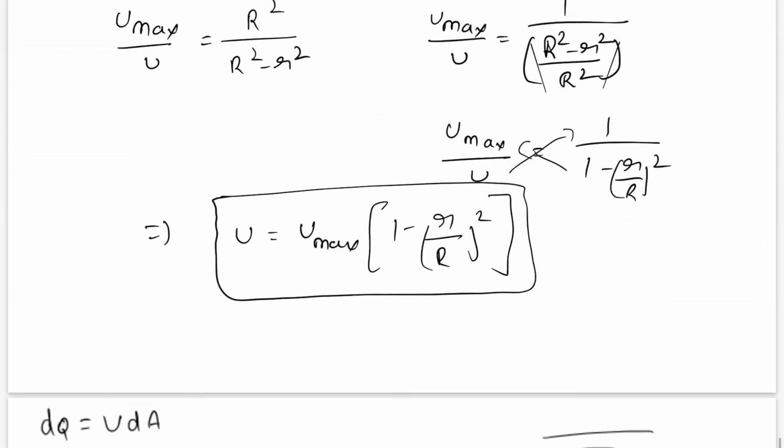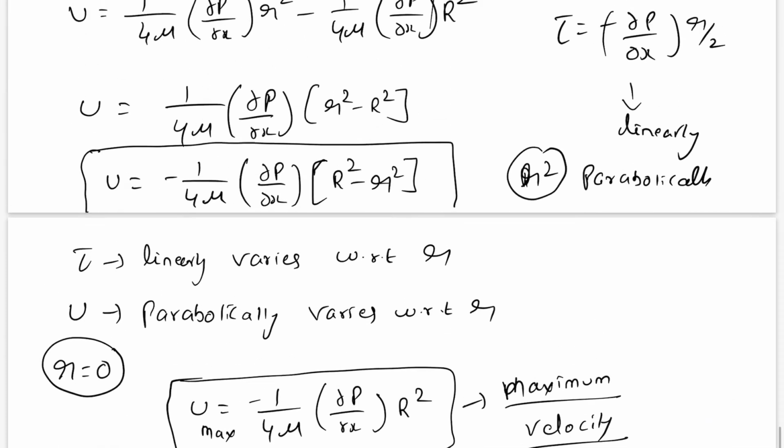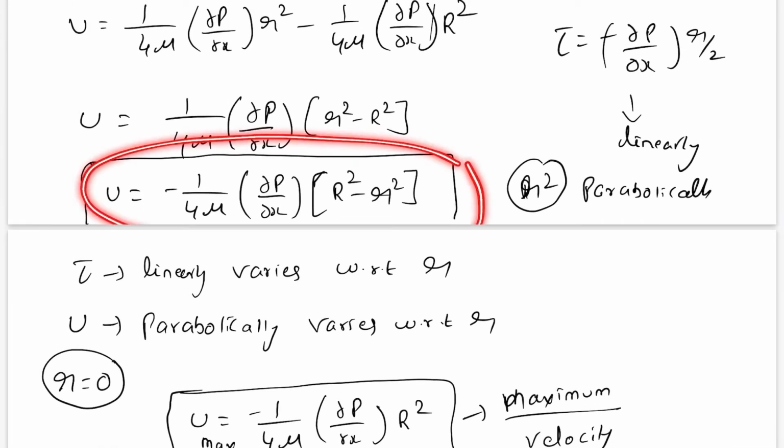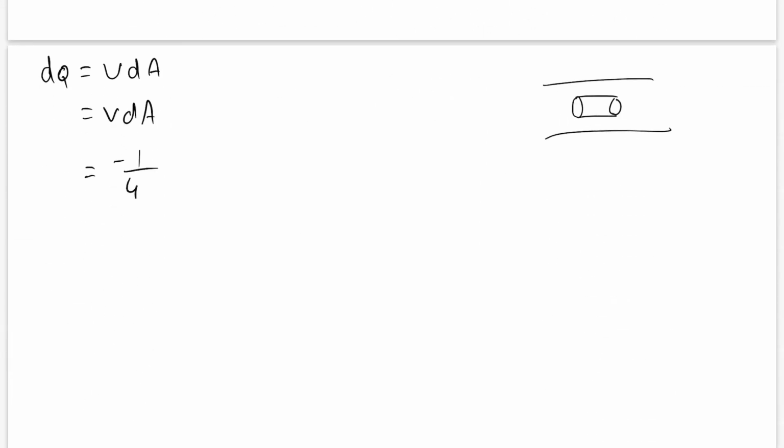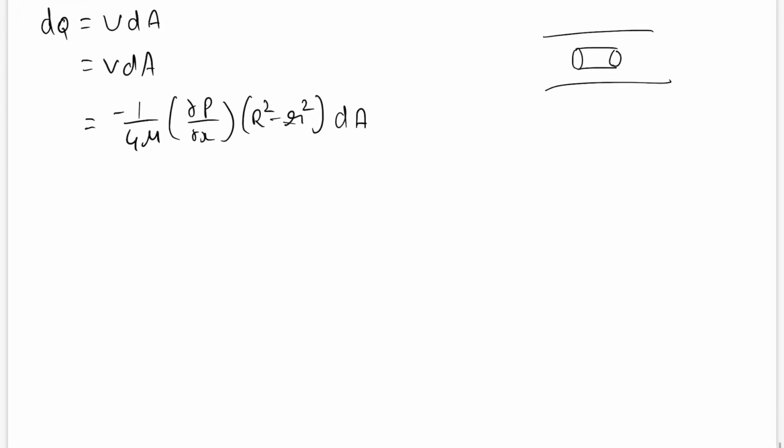What is the formula for v? That is what we have derived here. We'll write that formula: minus 1 by 4 mu into dou p by dou x into capital R square minus small r square, into dA. What is dA? dA is the total area of this particular element where flow is happening.